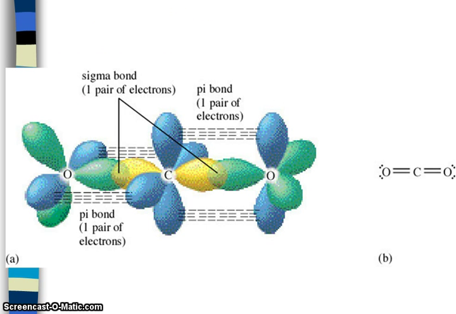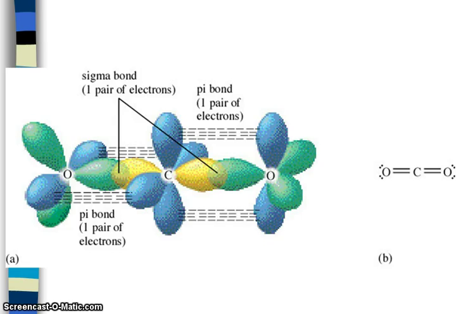So we're going to have a sigma bond and a pi bond forming between each oxygen and carbon, which leads to a double bond. So in carbon dioxide, our oxygen is sp2 hybridized, with two lone pairs of electrons and a sigma bond.